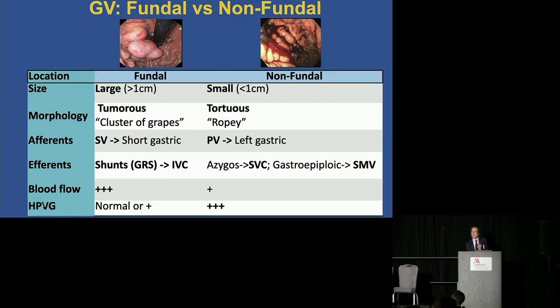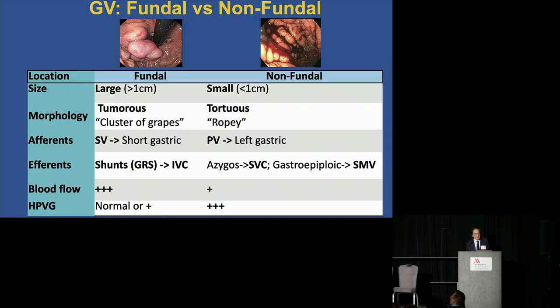And then blood flow. This is the critical part. This is the part that I started to appreciate why it is that we can have these catastrophic embolizations, because the blood flow of these fundal varices is very high. This is high capacitance, low resistance flow. Versus non-fundal, this is low blood flow, low capacitance, high resistance, representing the portal hypertension.